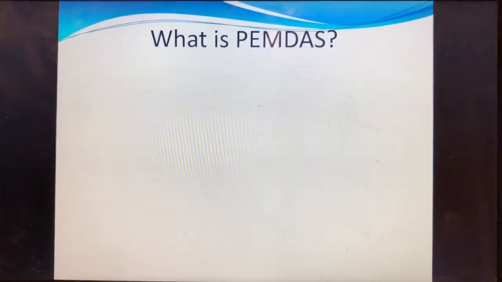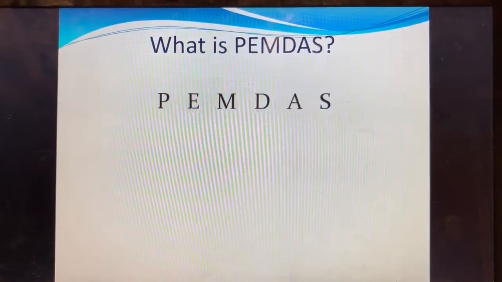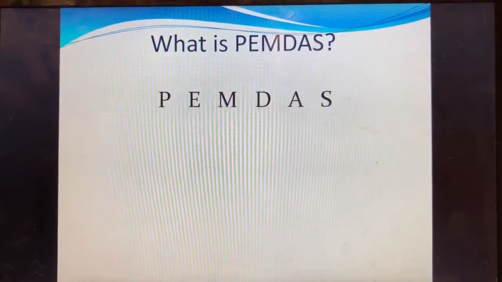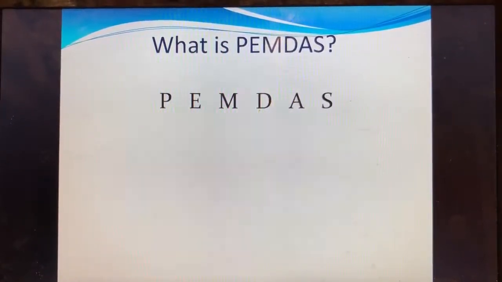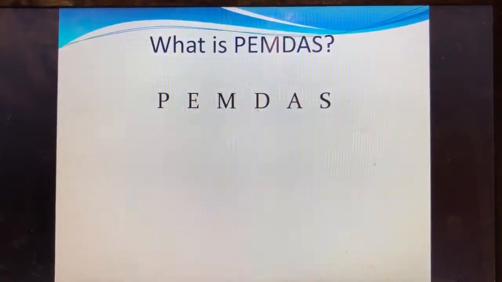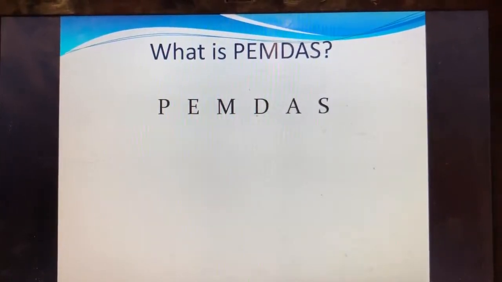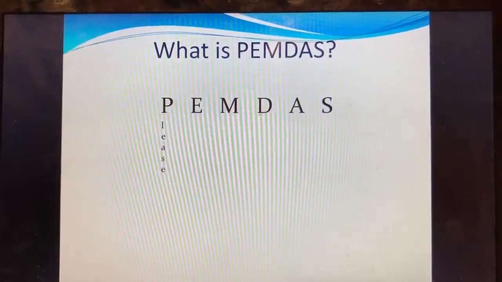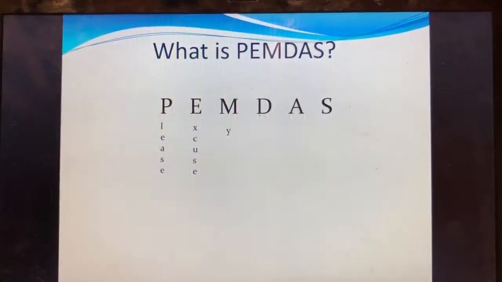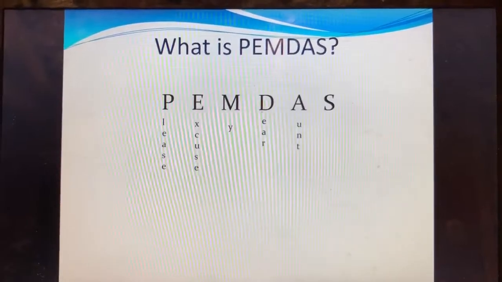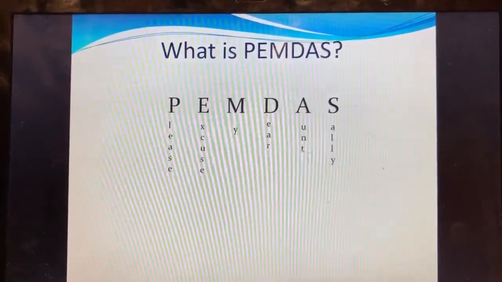So what is PEMDAS? A unique way that I was taught to remember PEMDAS and to make sure that I have it all in the correct order is by using the saying, "Please excuse my dear Aunt Sally." This is not what PEMDAS means.